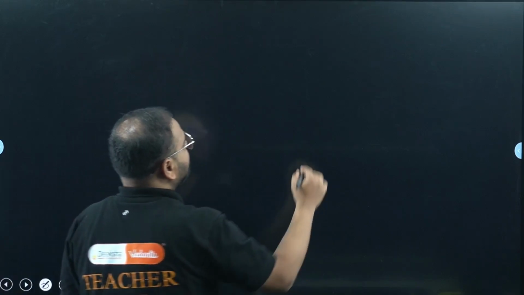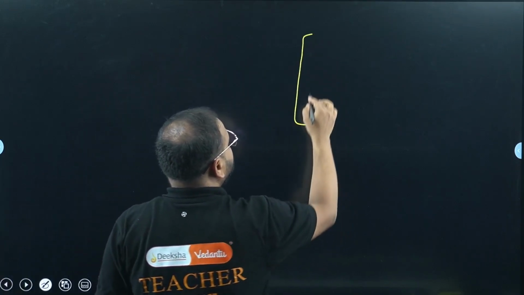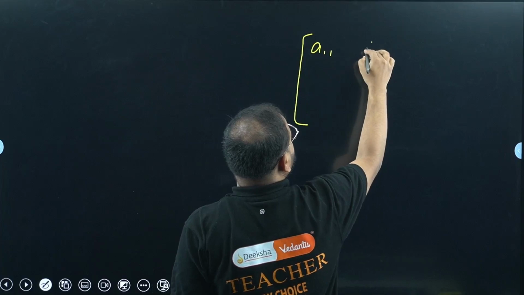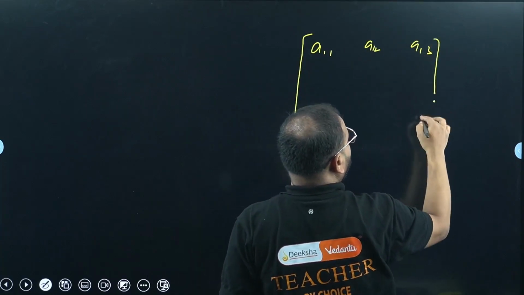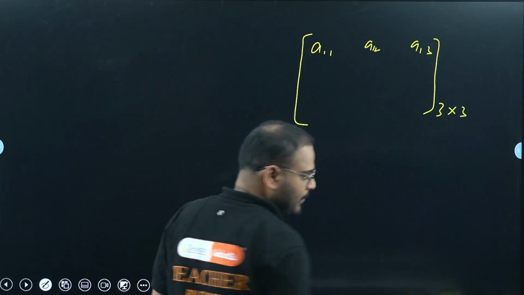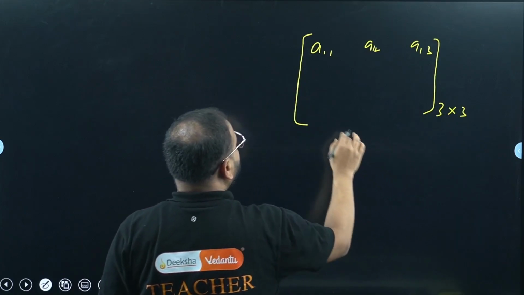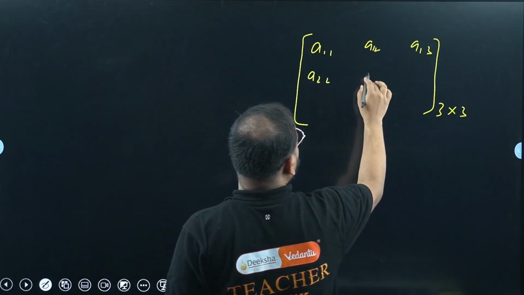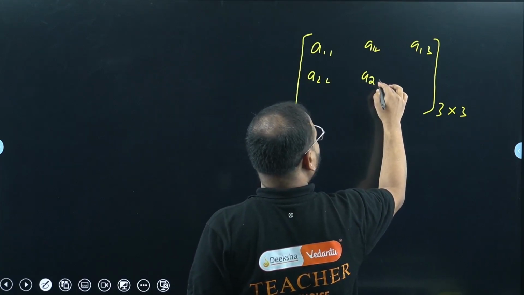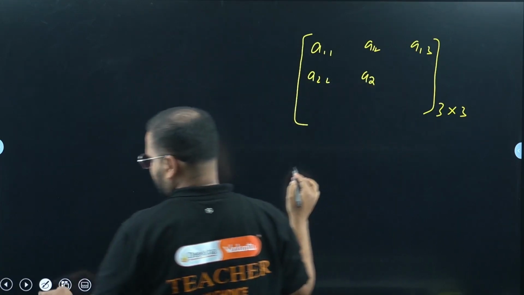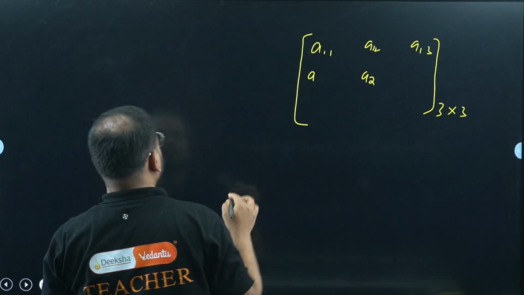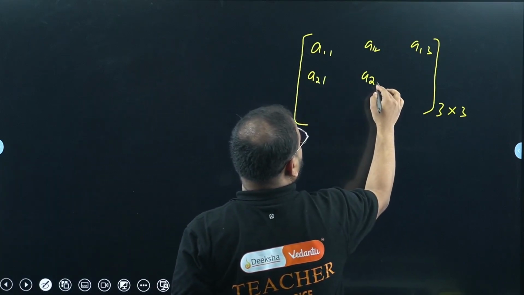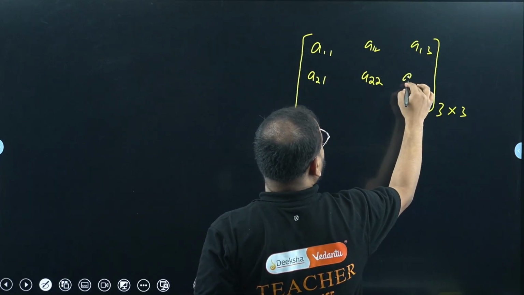So if I am taking an example, let's say over here A11, A12, A13. I'm trying to take an example of 3 cross 3, which is a square matrix. The order is 3 cross 3. This will be A21, A22, A23.